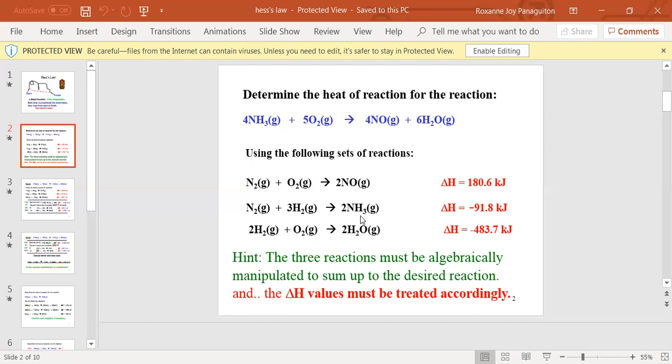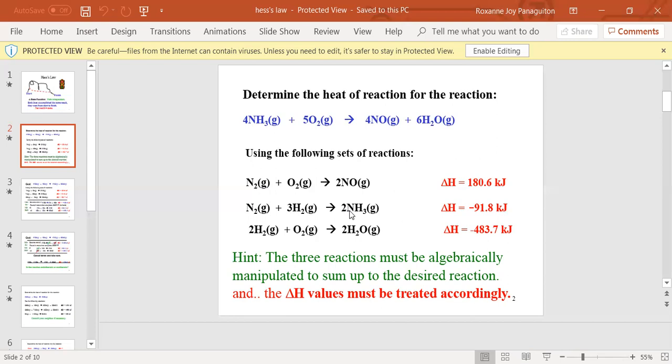So what you're going to do is you are going to reverse this second reaction, okay? So you reverse that. Then, after that, if you look at the coefficient of ammonia and the coefficient of ammonia in your reverse reaction, there is a difference.